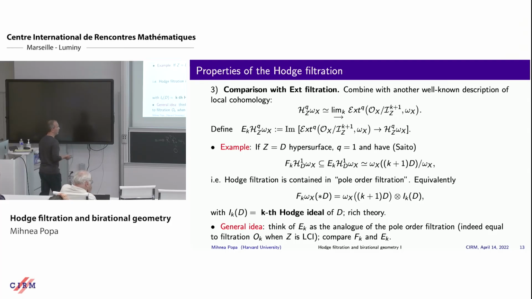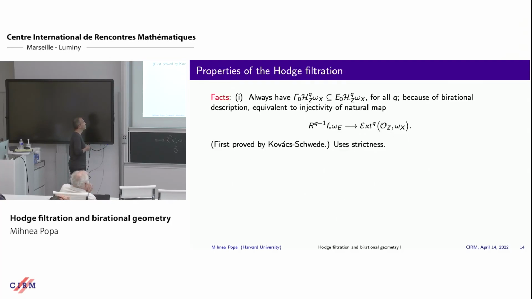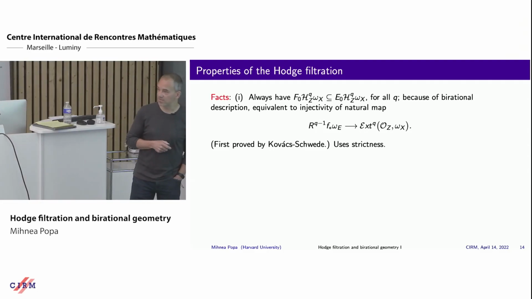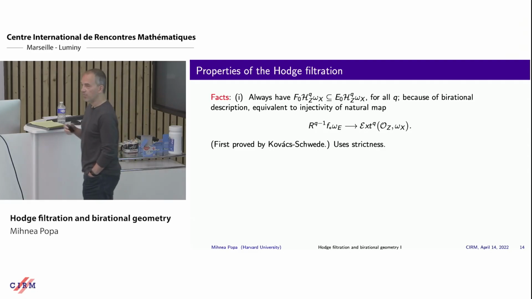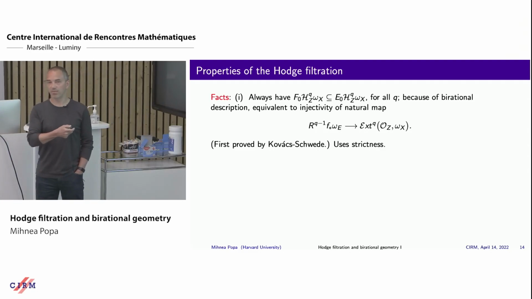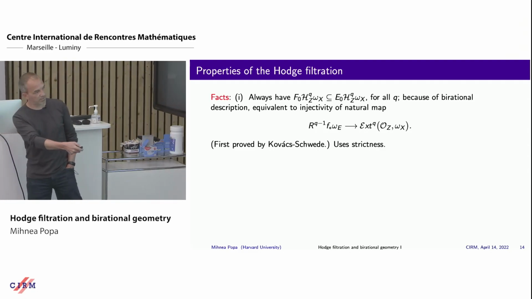And unfortunately for arbitrary Z, this is really quite mysterious. We don't know very much for now, except for this fact. This is general. For any Z, it turns out that at the 0th step, the Hodge filtration is contained in this Ext filtration. If you reinterpret it by the birational description that I gave you, it's right here.